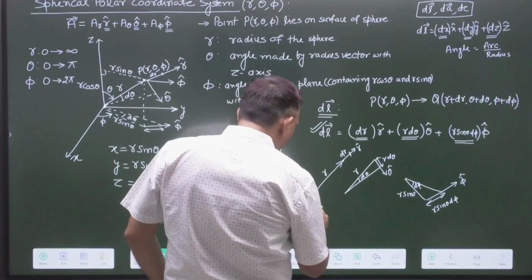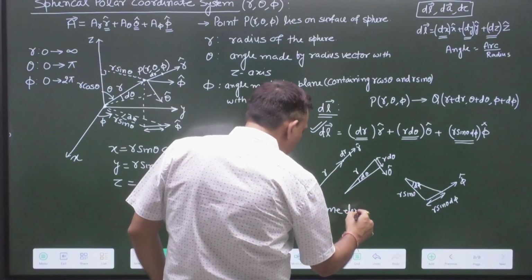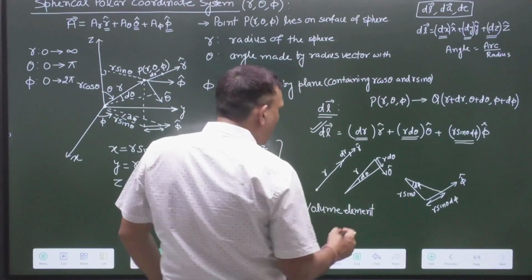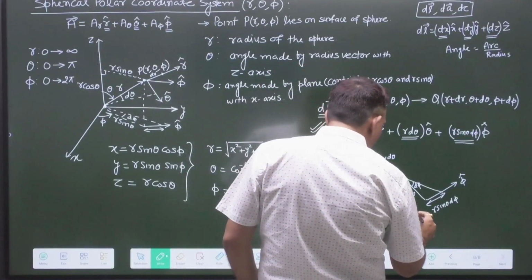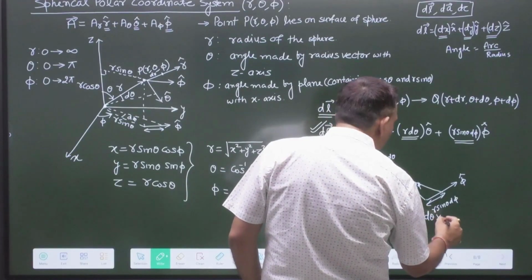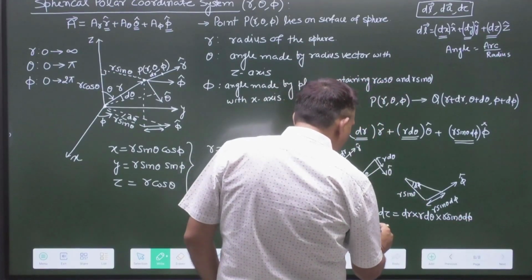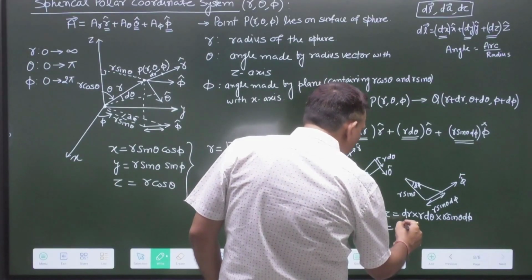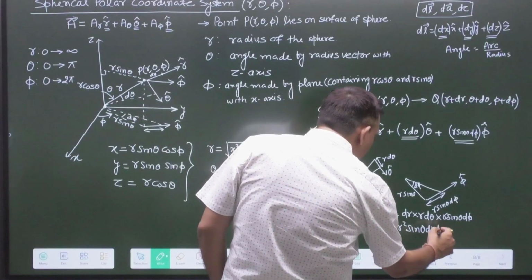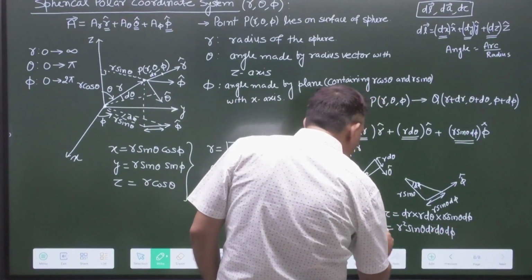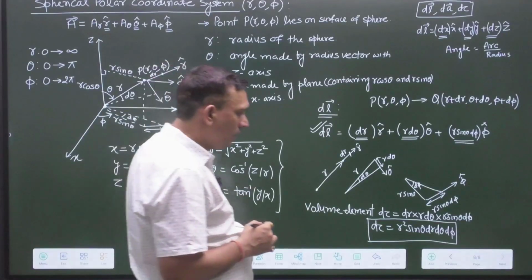And if you multiply those sides, you will get the volume element. So the volume element d tau is dr into r d theta into r sine theta d phi, so this will be r square sin theta dr d theta d phi.